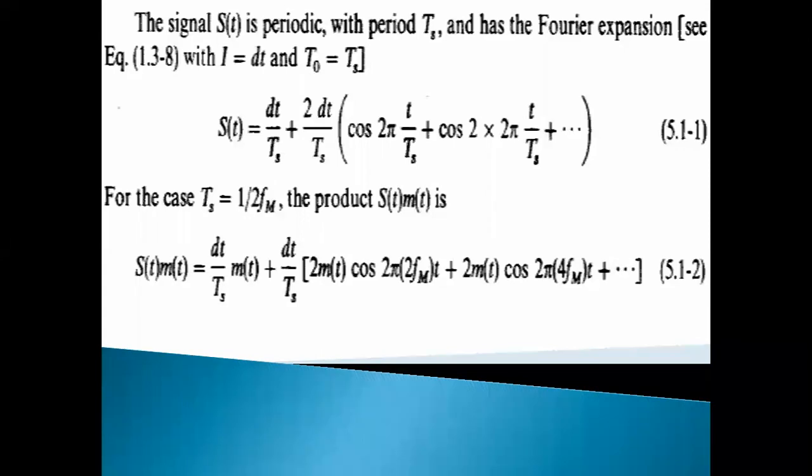So let the signal S of t be periodic with the period Ts.